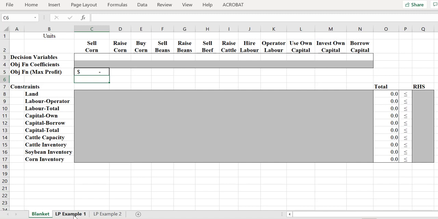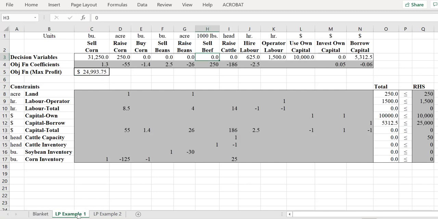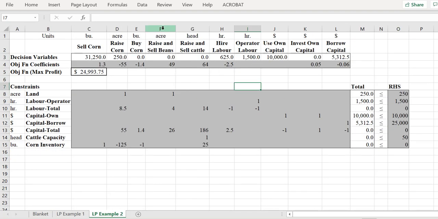And this LP example 1 is one of the settings, where we didn't combine sell soybeans and raise soybeans, and sell beef and raise cattle. And this LP example 2 is an alternative setting where I did combine them, and you end up with fewer constraints.